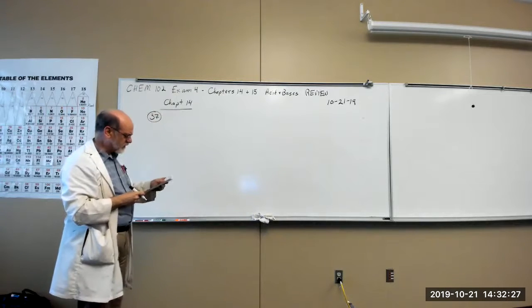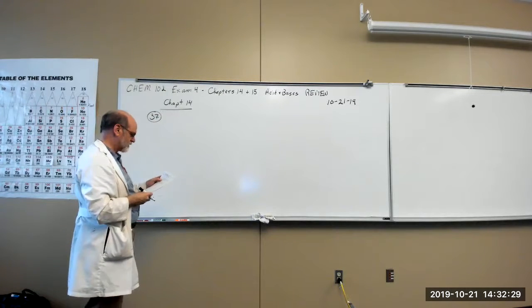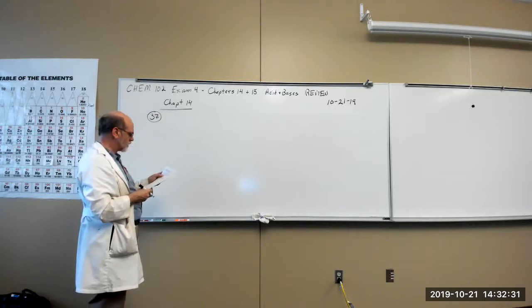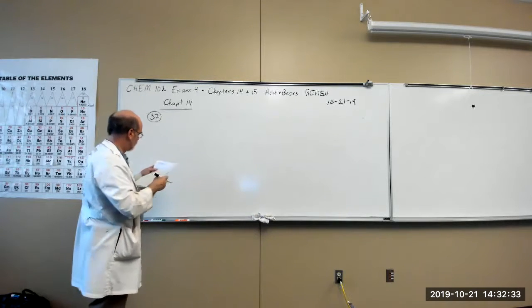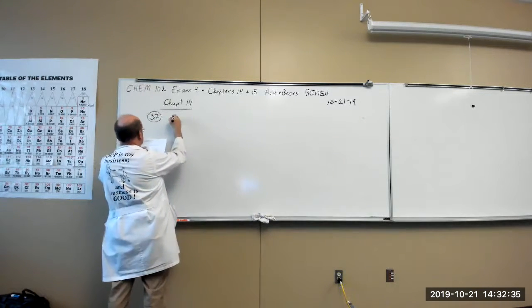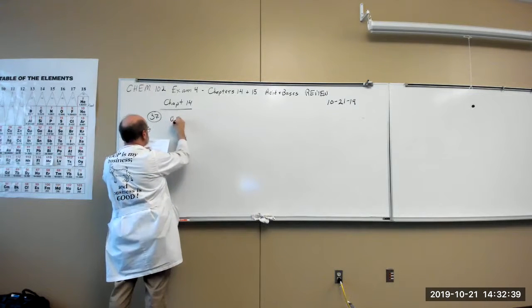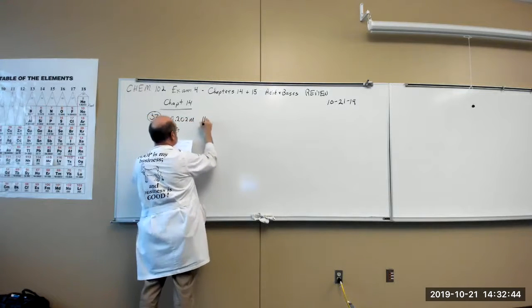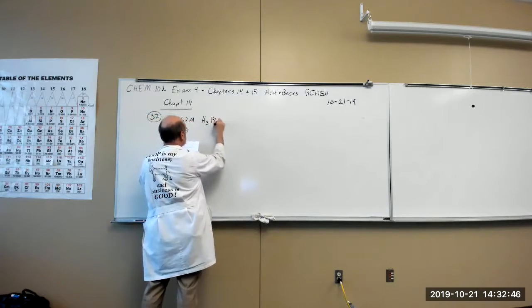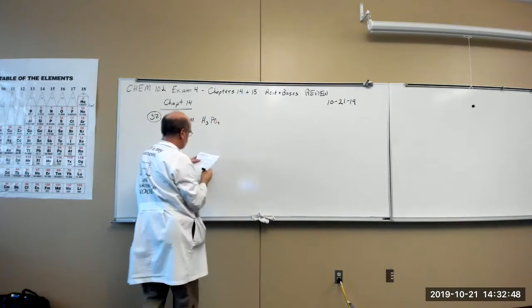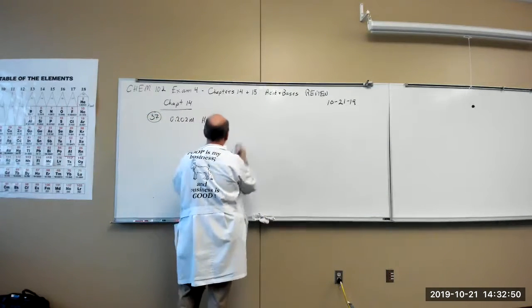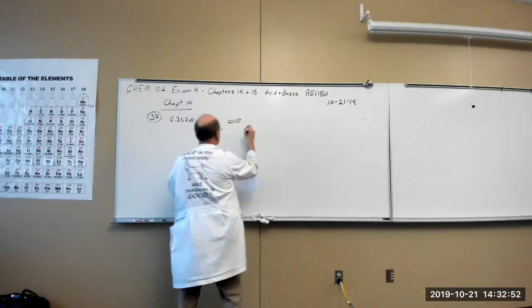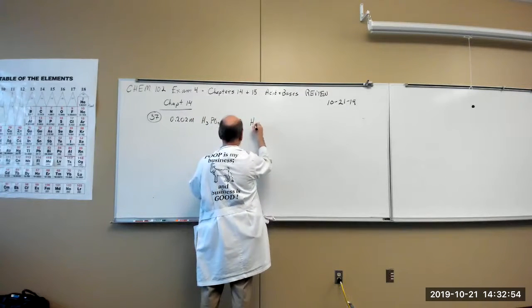What's the equilibrium concentration of H2PO4 minus in a 0.202 molar solution of H3PO4? All right, so we're given 0.202 molar H3PO4. And what we want to know is, what's this concentration?